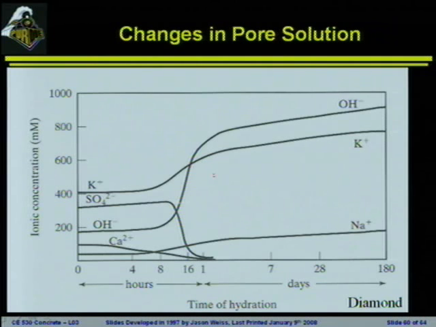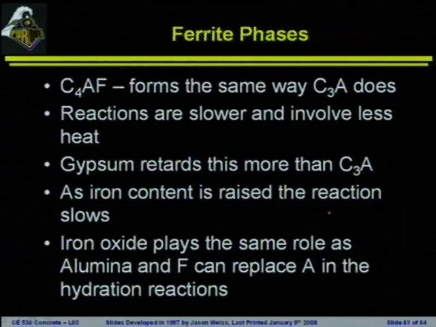So you'll notice that there are really big changes taking place during 8 to 24 hours. And this is really where we see that rapid reaction. We're in that stage 3 of the hydration. Lots of material reacting, lots of changes taking place, and the pore solution changing considerably.